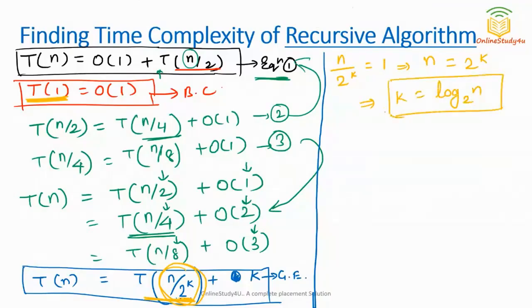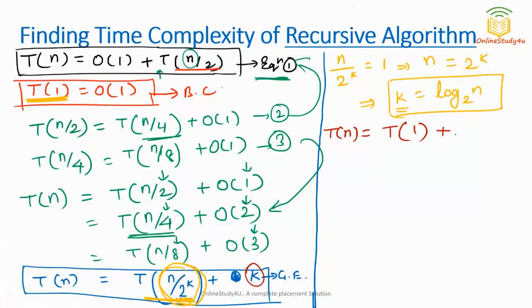So is this part clear? Now we are putting this in the general expression. We are substituting this k in the general expression. Okay, so this will become T of 1 plus k.